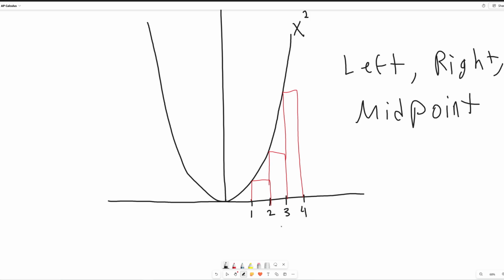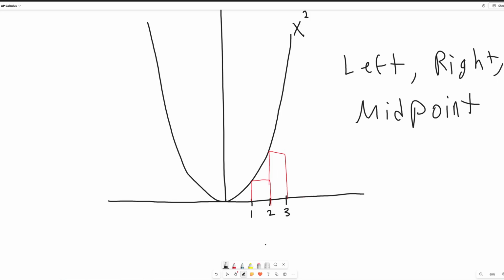So if I wanted to approximate the area between 0 and 4, let's say, you would have these three rectangles, and then you can add up the area, because we know the height of this rectangle will be 1, because 1 squared is 1. The height of this one is 4. Then the height of this one is 9. You get these by plugging x equals 1, x equals 2, x equals 3 into there. Okay, so that's a left Riemann sum.